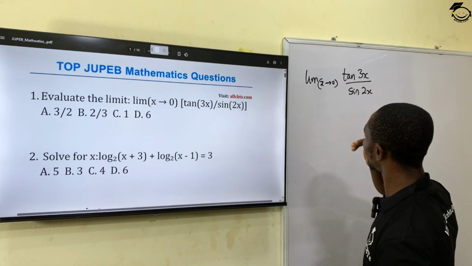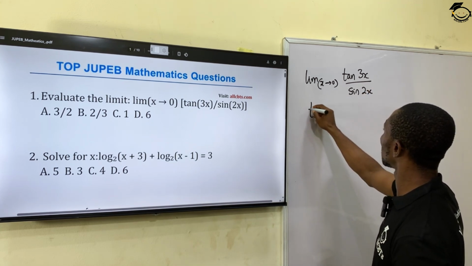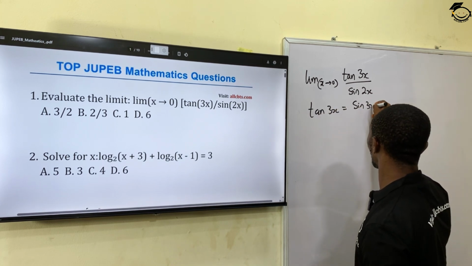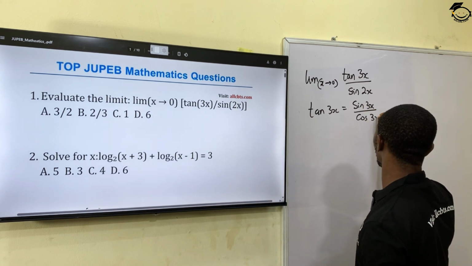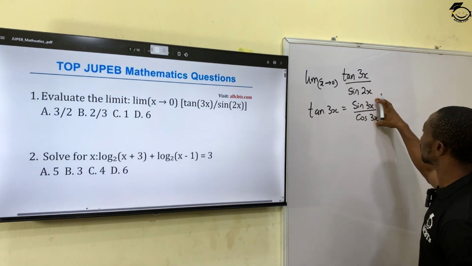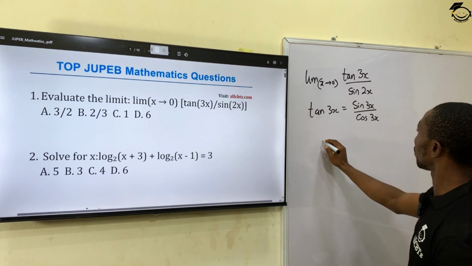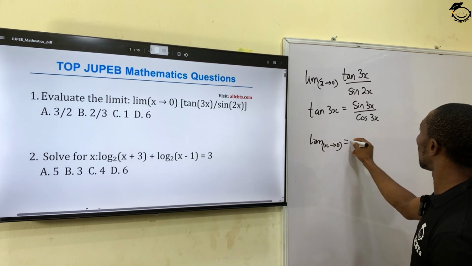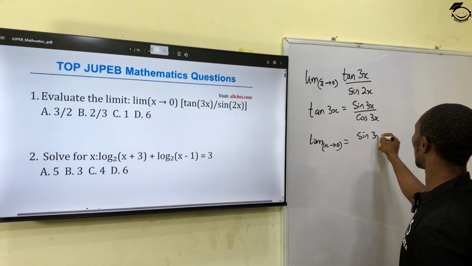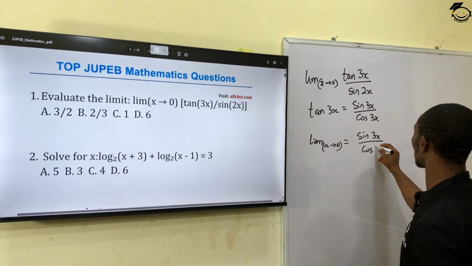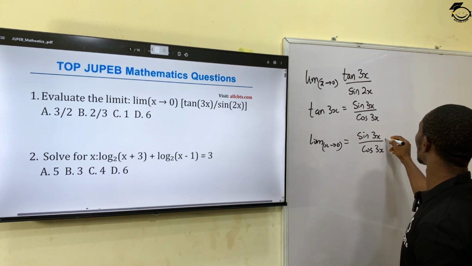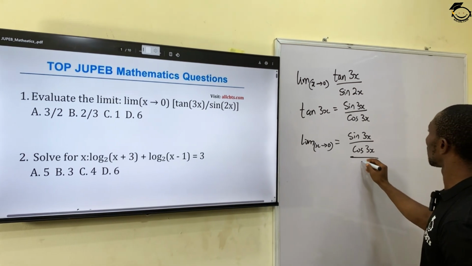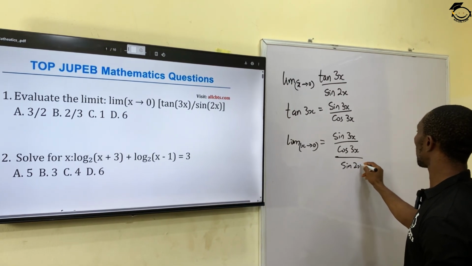Alright, in evaluating this, first we would understand that tan 3x gives us sine 3x over cos 3x. Now rewriting this, substituting this for tan 3x, we are going to have our limit as x tends towards 0 of sine 3x over cos 3x, all divided by sine 2x.